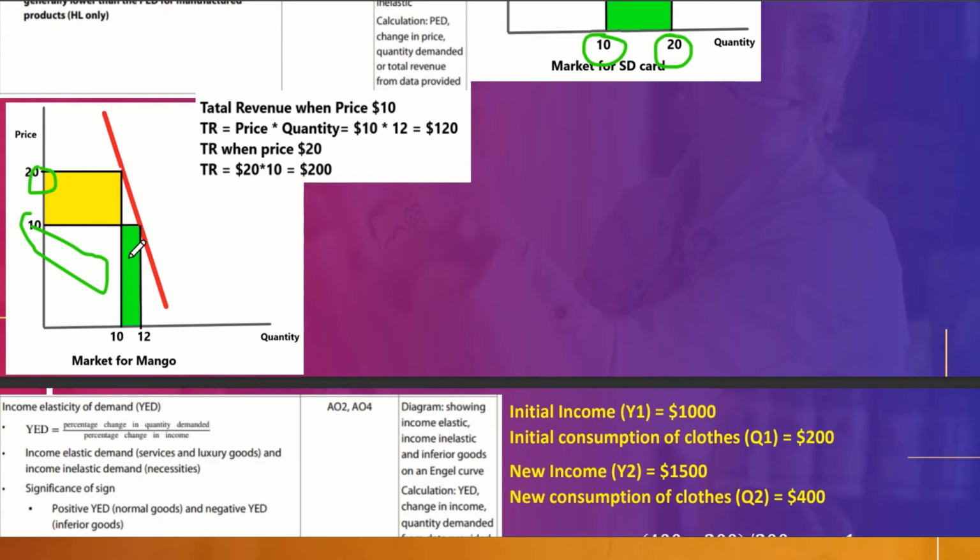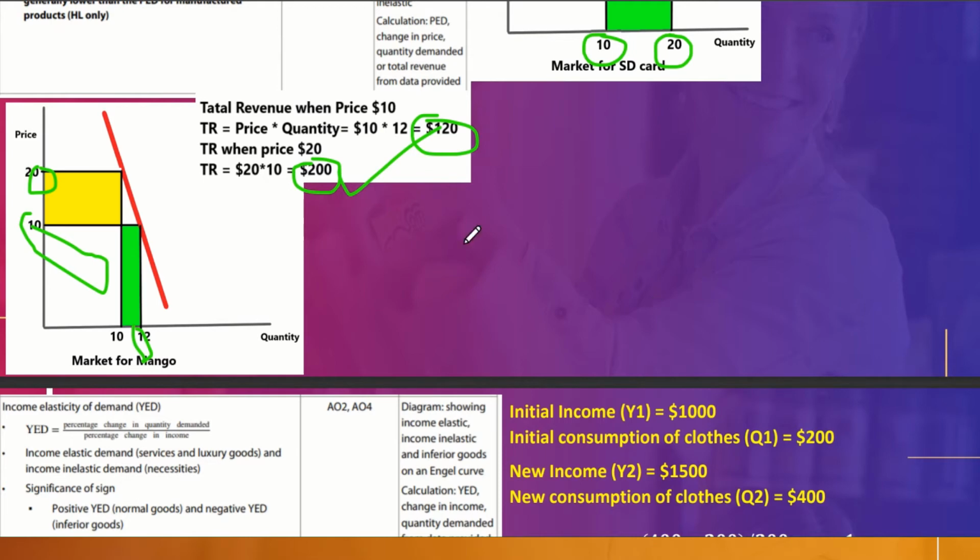The total revenue changes from $120, 12 into 10, to 20 into 10, so it is $200, right? So total revenue changes from $120 to $200 in the case of inelastic.